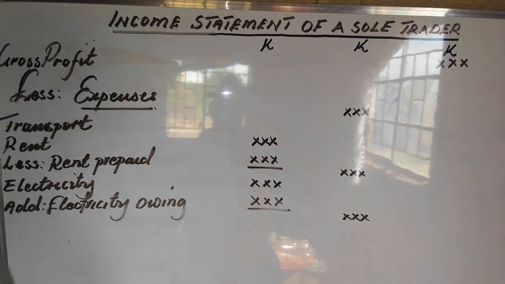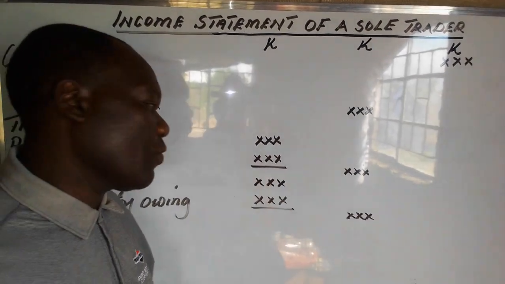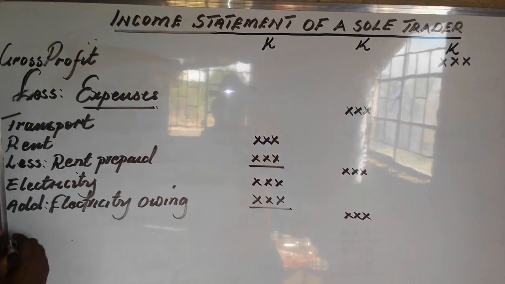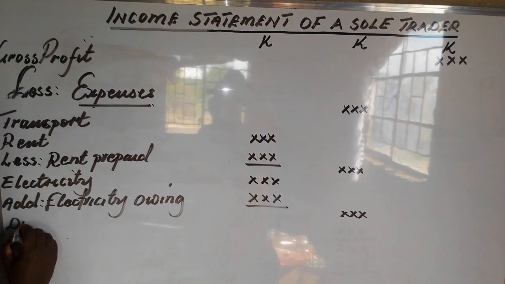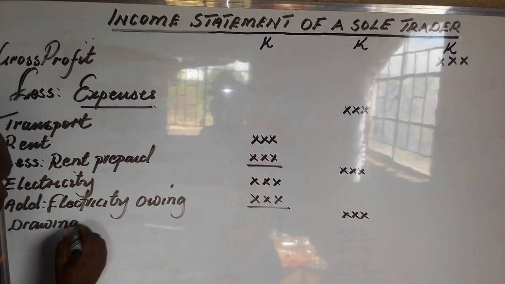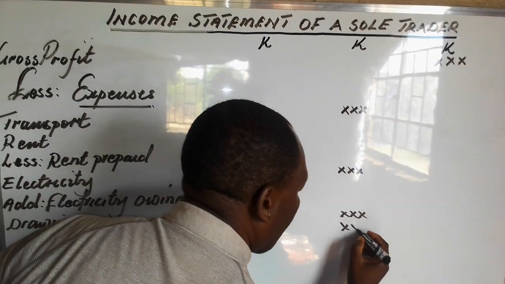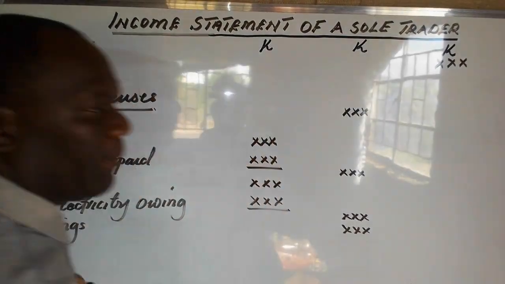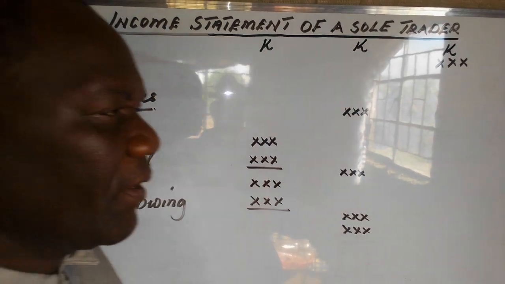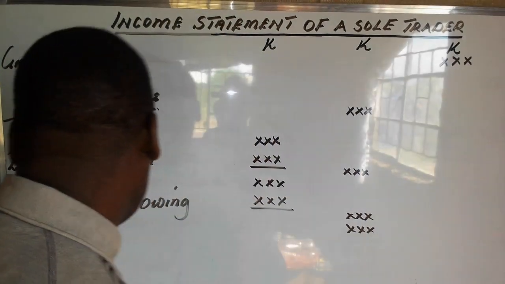Then you have drawings for the period, in case you got goods for personal use at home. So, drawings. This figure goes direct there. Then you have also water bills for the office or your business.